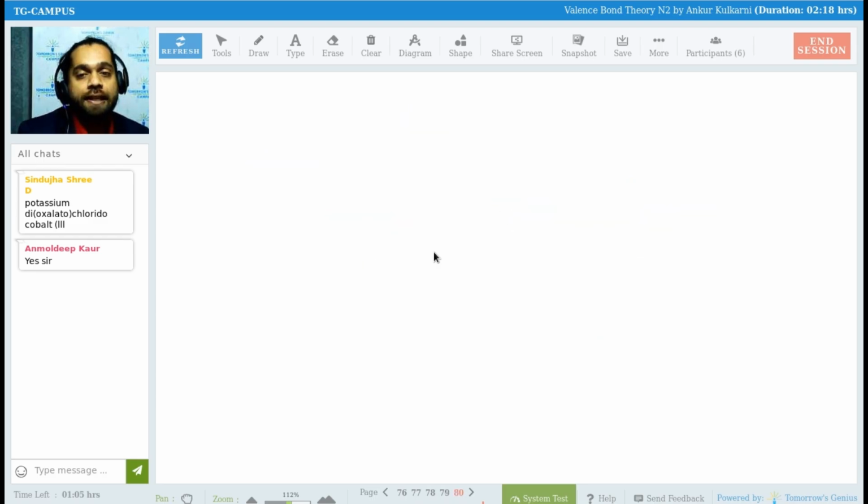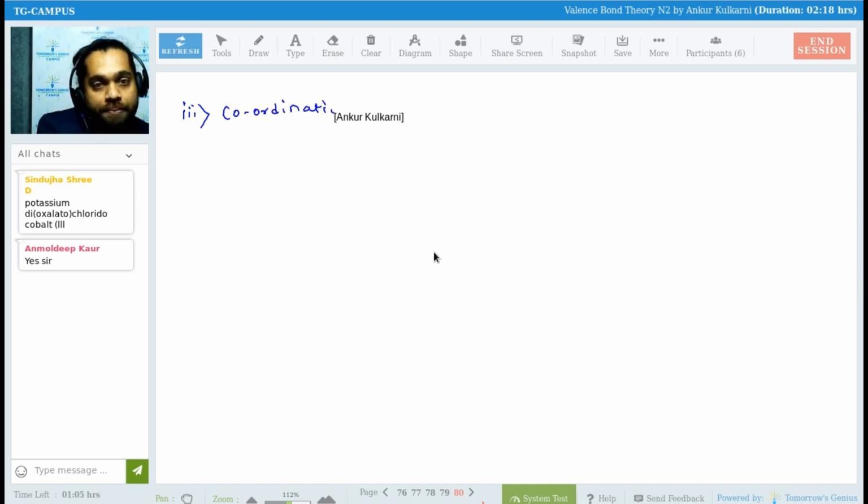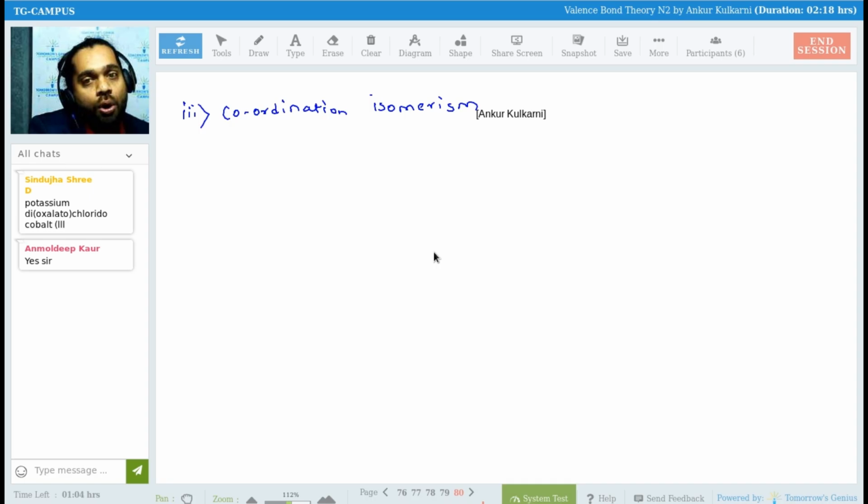So after hydrate isomerism, the next we have is the coordination isomerism. Something is going to happen with the coordination, with the ligands. In coordination isomerism, write it down: all of the ligands are exchanged.